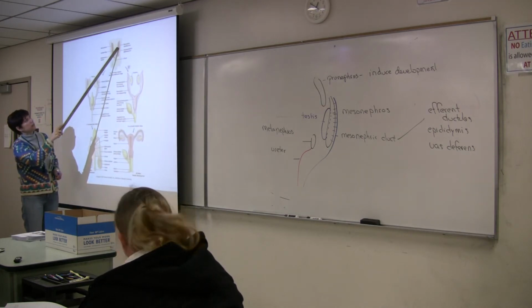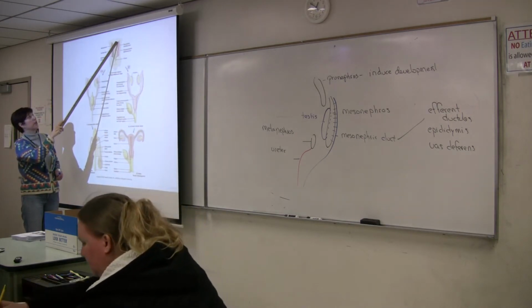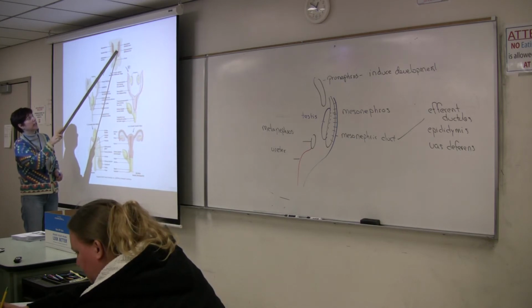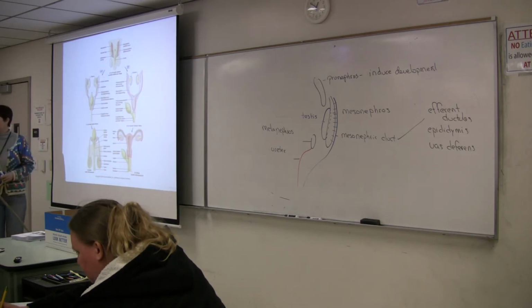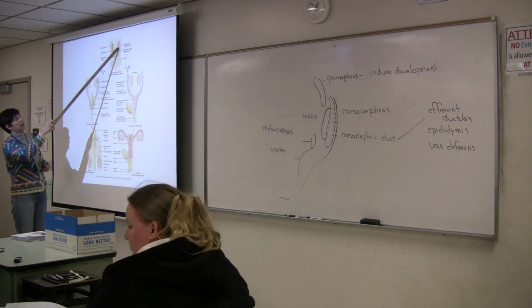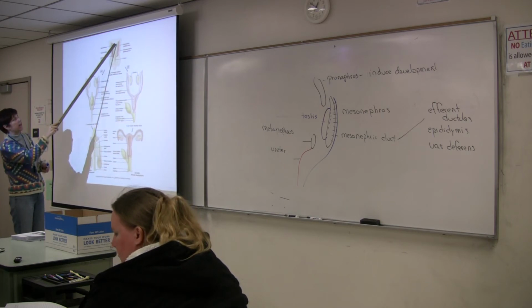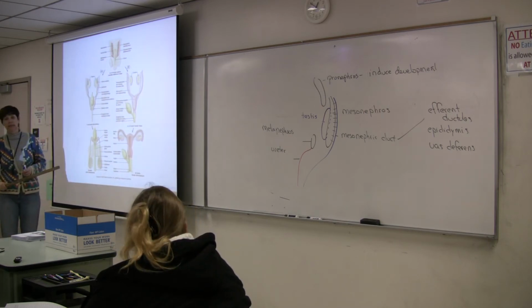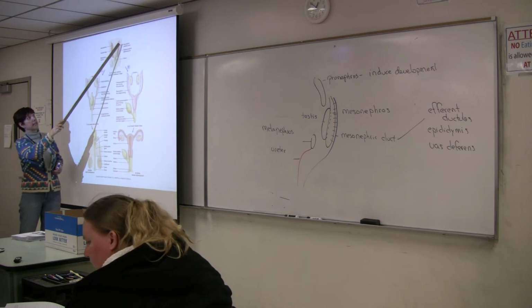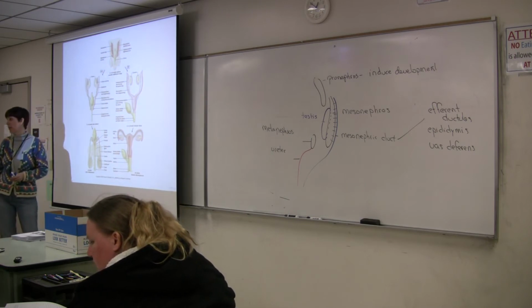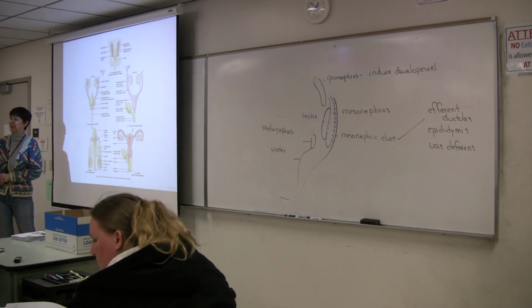So this kind of brownish structure right here is the mesonephros, the intermediate kidney. The yellowish brown duct with the lines would be the blue line that I have there. That's the mesonephric duct. Outside of that is the paramesonephric duct that we'll talk about on Thursday. That's what forms female structures.